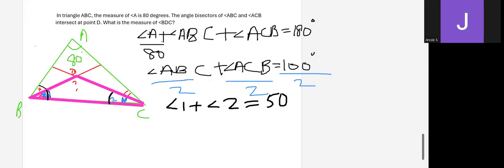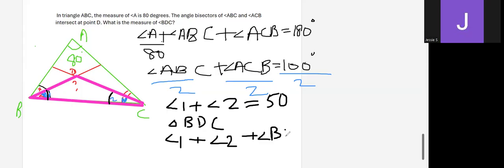Now let's use the property of a triangle again. Let's look at triangle BDC, this triangle now. Angle 1 plus angle 2 plus angle BDC, that's the angle we need to solve for, is again 180 degrees simply because we have a triangle.